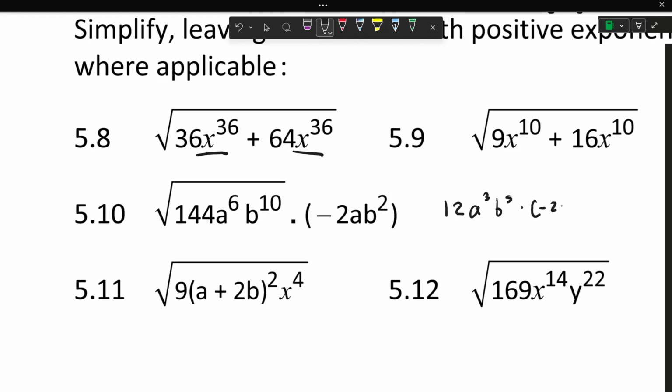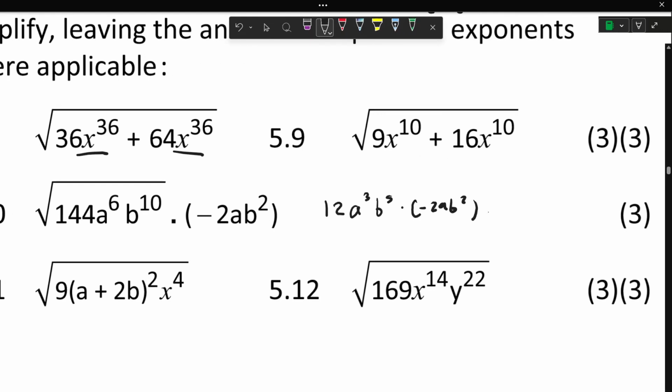Times minus 2ab squared is going to be 12 times negative 2 is minus 24. A cubed times a is going to be a to the 4, and then b to the 5 times b squared is going to be b to the 7. Cool, guys. Perfect. Moving on.